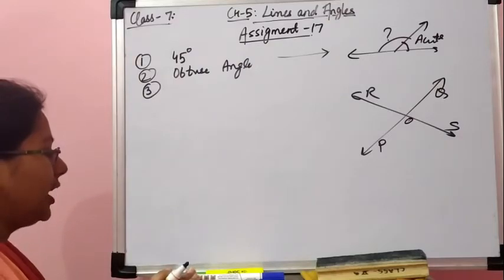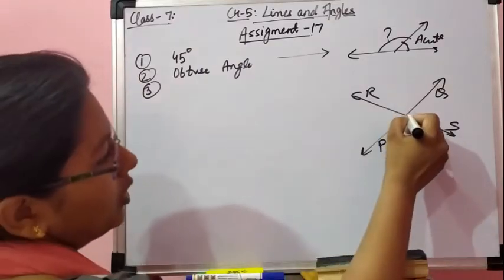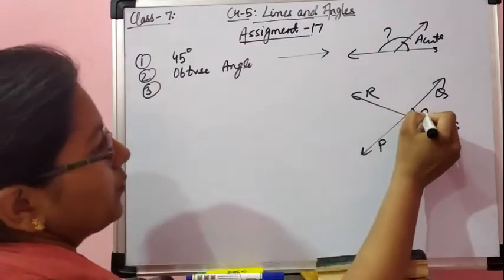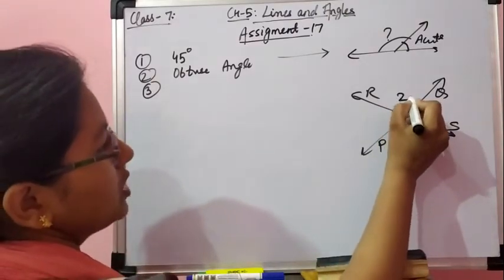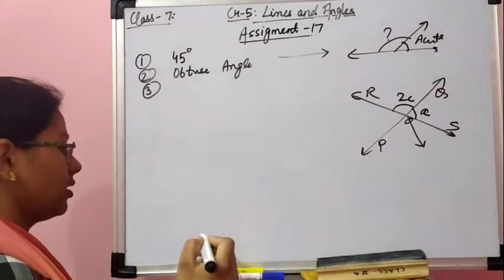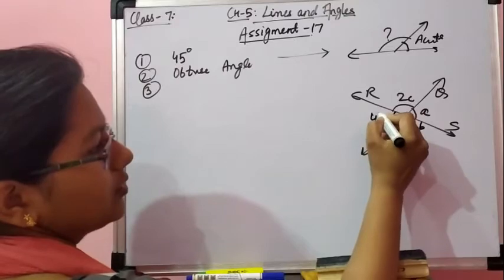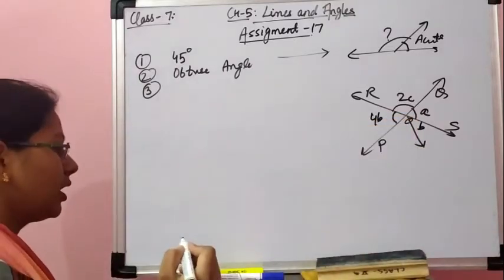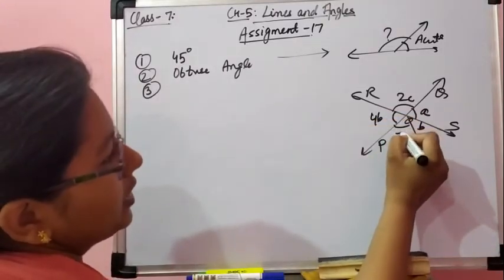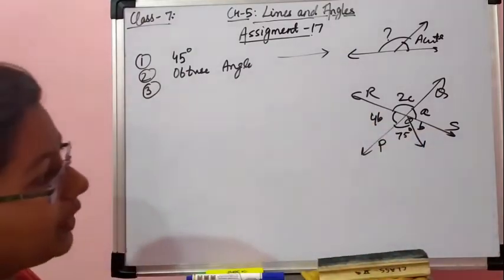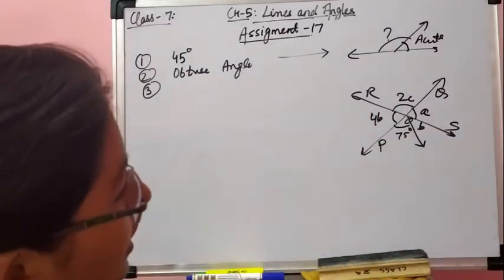Find the value of A, B and C. Now here is one more division. This is A, this is 2C, this is B, this one is 4B and this will be 75 degrees. Now we have to find out the values of A, B and C.